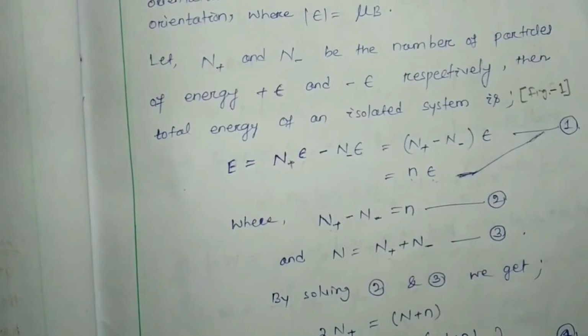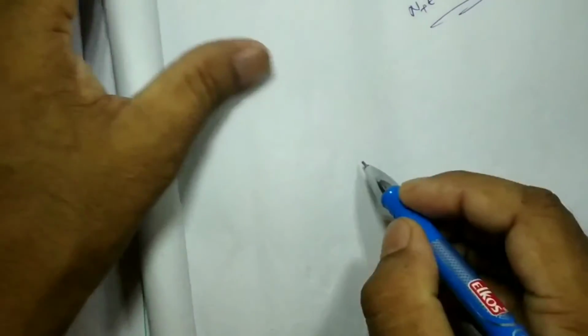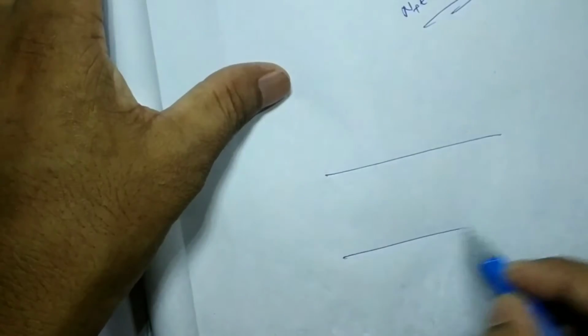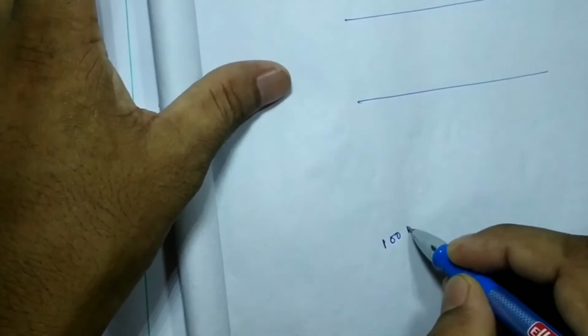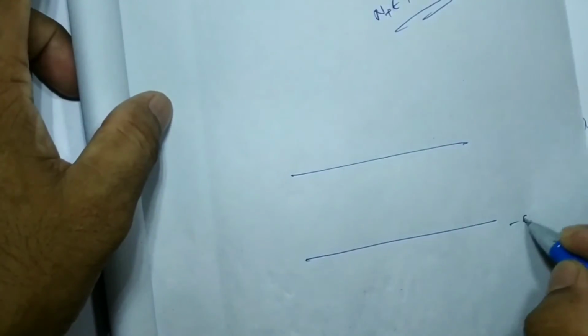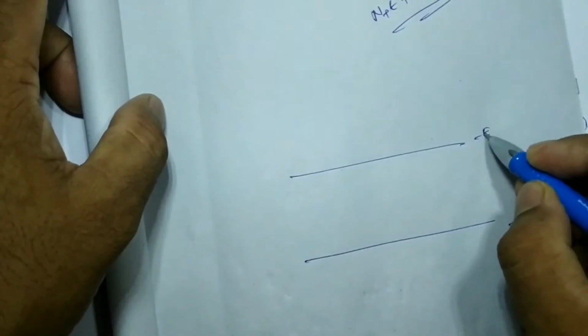Here I am going to give you one simple imagination: two energy levels are there, and suppose 100 particles are there. These are the minus epsilon and plus epsilon energy levels.